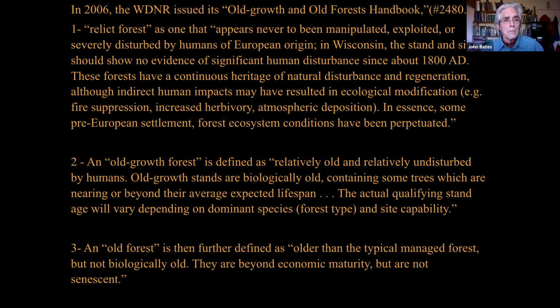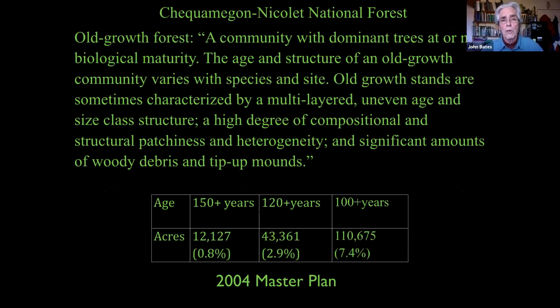The Chequamegon-Nicolet National Forest defines old growth as a community with dominant trees at or near biological maturity. The age and structure vary with species and the site, characterized by multiple layers, uneven age, and uneven size class structure, a high degree of compositional and structural patchiness and heterogeneity, and significant amounts of coarse woody debris and tip-up mounds.